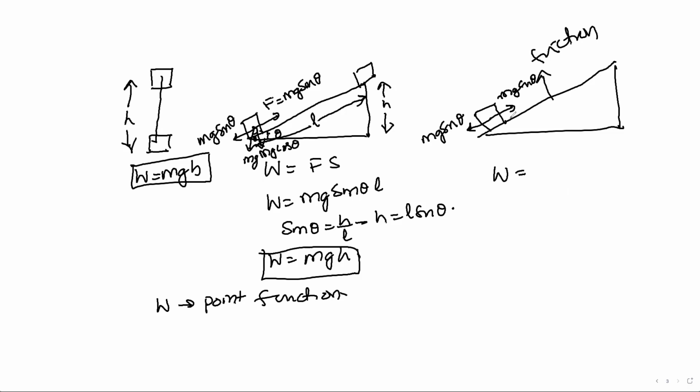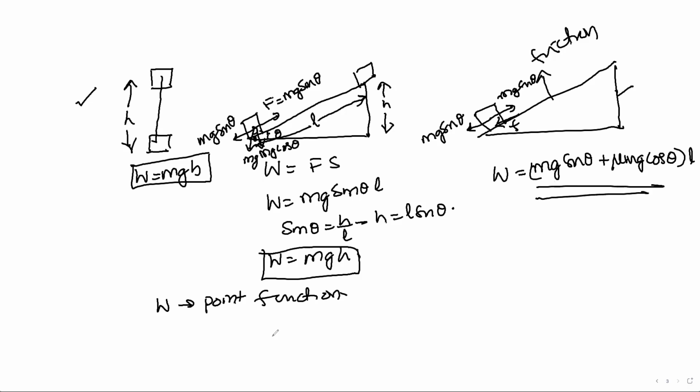Because of friction, the body will not move. The frictional force is acting along this direction. Now, what is the net force we have to apply? mg sin theta plus frictional force. What is the frictional force? mu mg cos theta, into L. Now you observe this. In the first case and the second case, work done is not the same. Here is it a path function or point function? Yes, here it is a path function.